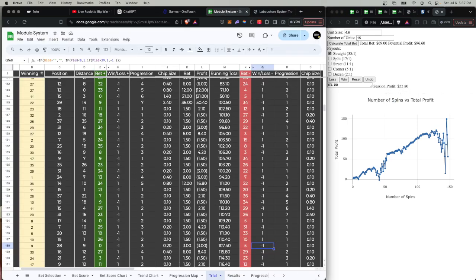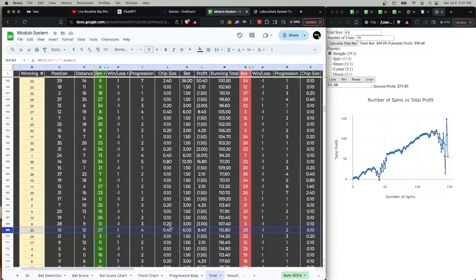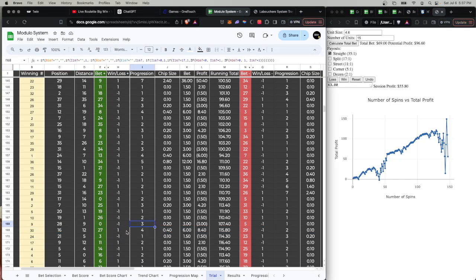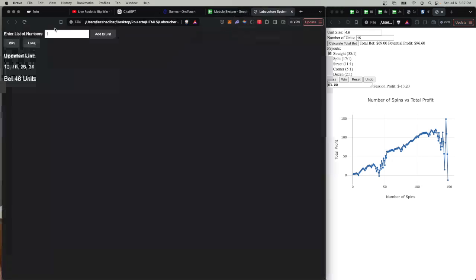So we go back, and since we lost here twice, we go to the positive side, and we lost twice. Go to the positive side, and we follow with a loss. So things are getting a little sketchy now. We're now in the negative. That's a loss. Up to a 56 unit bet now.